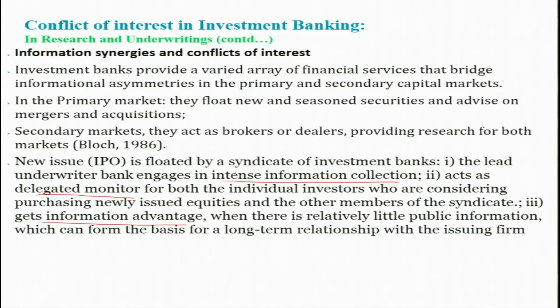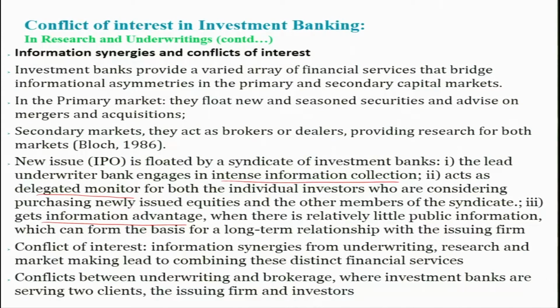This can form the basis for a long term relationship with the issuing firm, that means their client, the borrower or the equity issuing firm. Because of this, there leads to a kind of conflict of interest. How does it come about? Because information synergies from underwriting, research and market making lead to combining these distinct financial services.